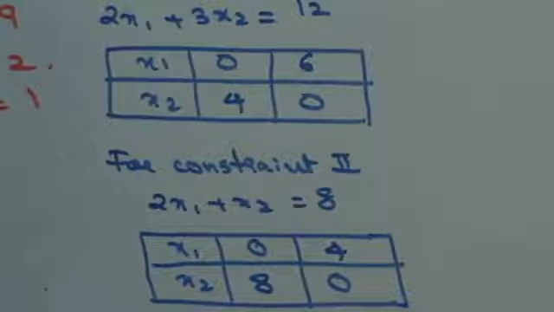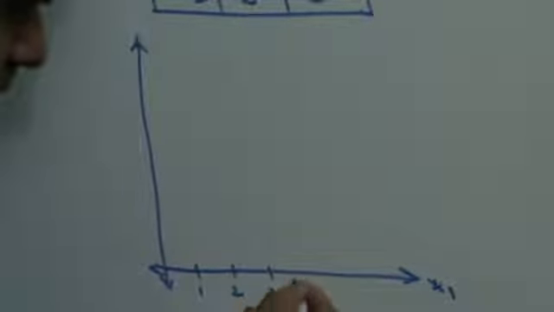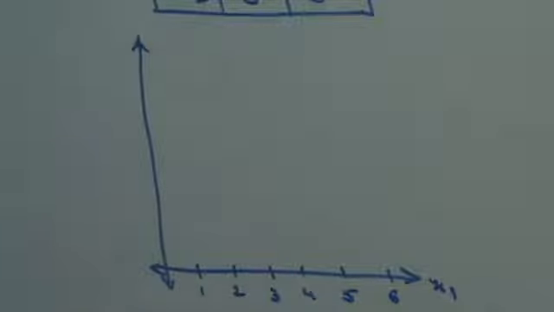Once you have this, I can draw the graph, guys. Now, on x-axis, I need 6, so this is going to be my x1 axis, 1, 2, 3, 4, 5, 6. Remember guys, you have to draw this with proper scale.